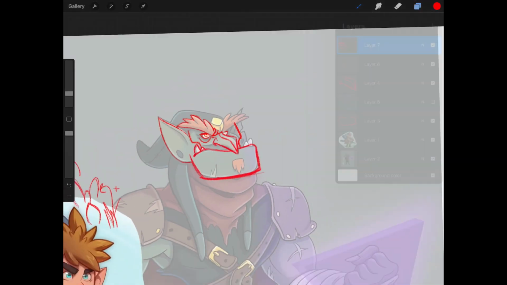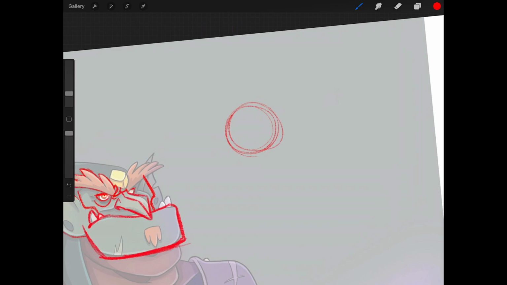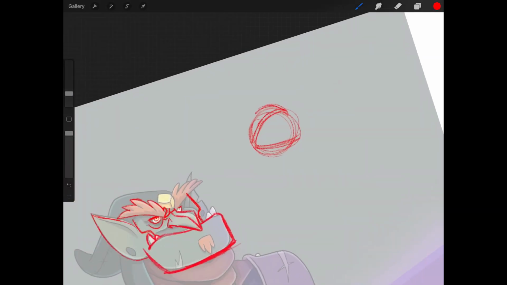What I mean by symbols versus actual anatomy is, if you know the actual anatomy of an eye, you of course know that there is an eyeball and then there's an upper lid that goes over the top of it, and then there's a lower lid that wraps around the bottom, and those curve in around that ball, that sphere.